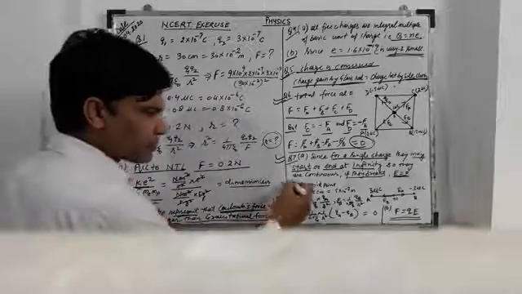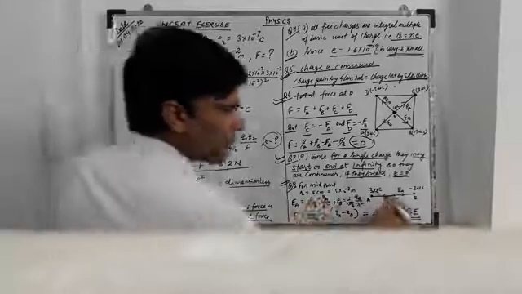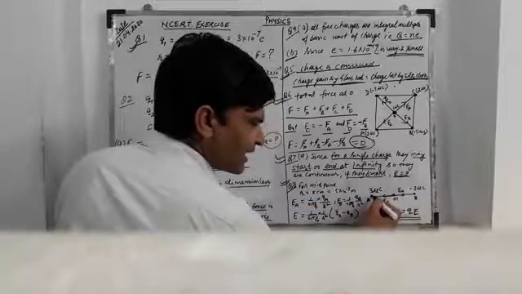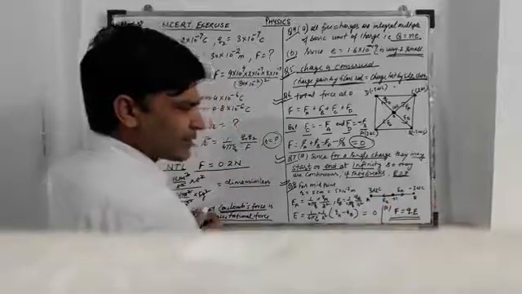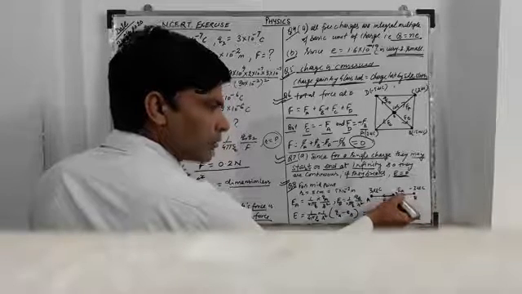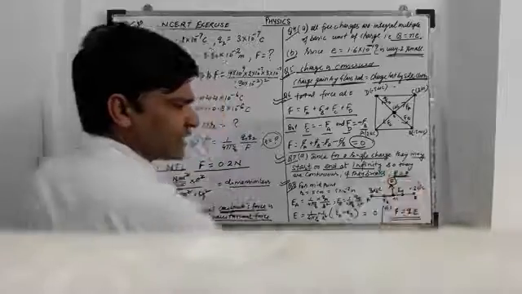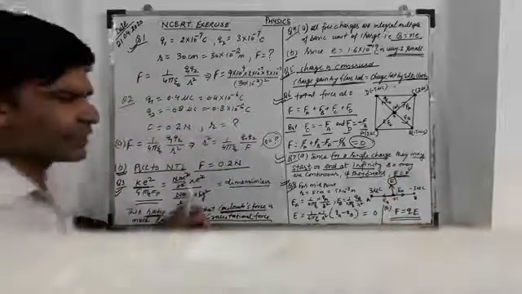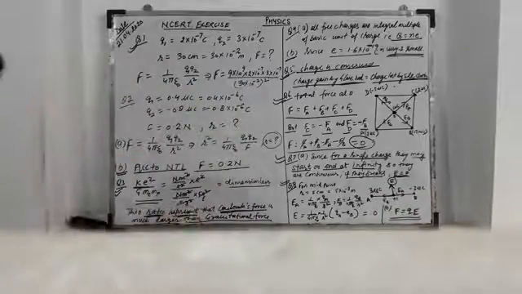Okay. Question number 8. In question number 8, two charges are given, 3 microcoulomb and minus 3 microcoulomb at points A and B, and the question is saying, find the value of electric field at the center of this system.